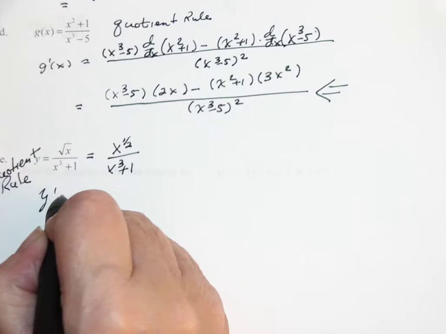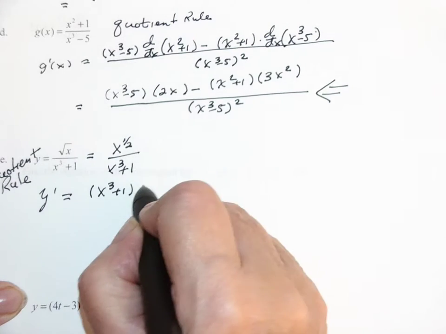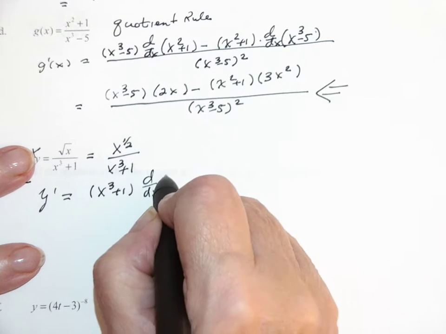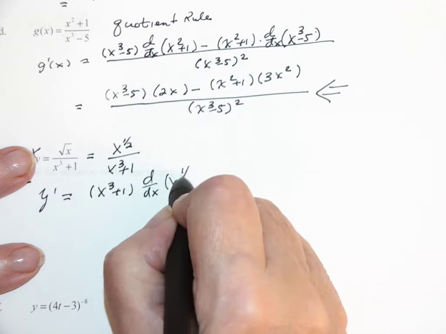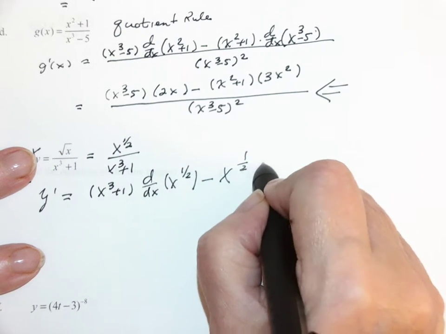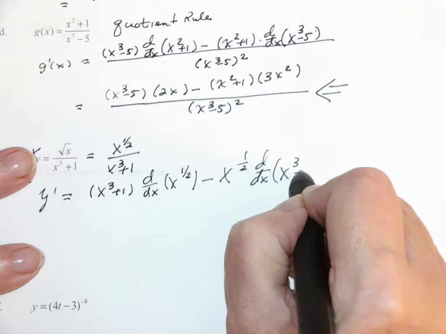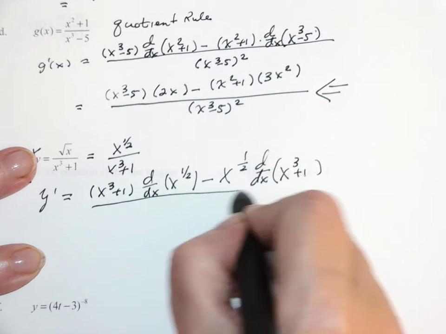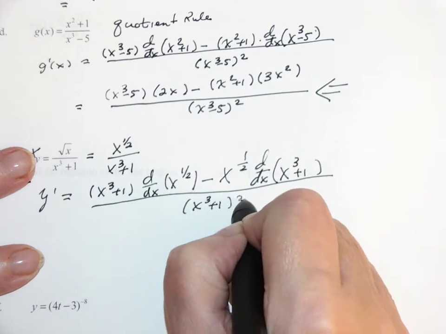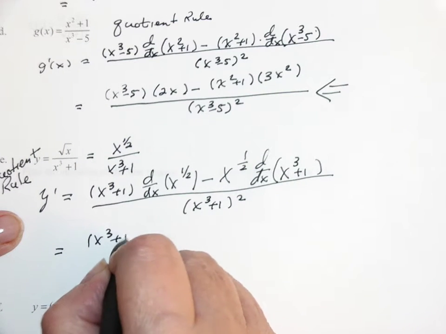So that y prime is, bring the denominator up, x cubed plus 1, times the derivative of the numerator, minus the numerator times the derivative of the denominator, all over the denominator squared, which is x cubed plus 1.